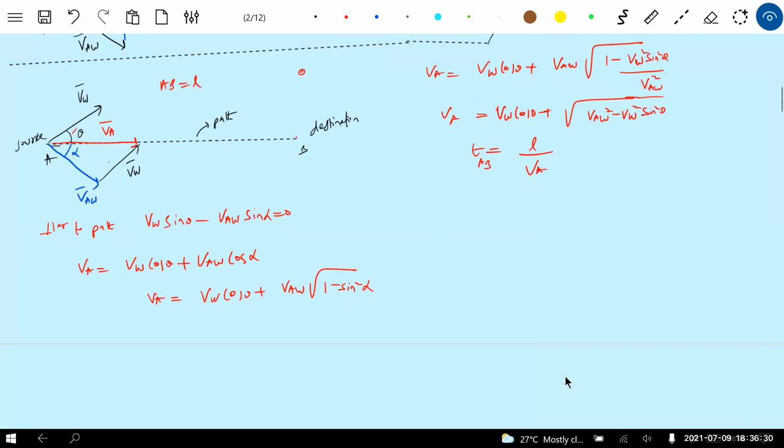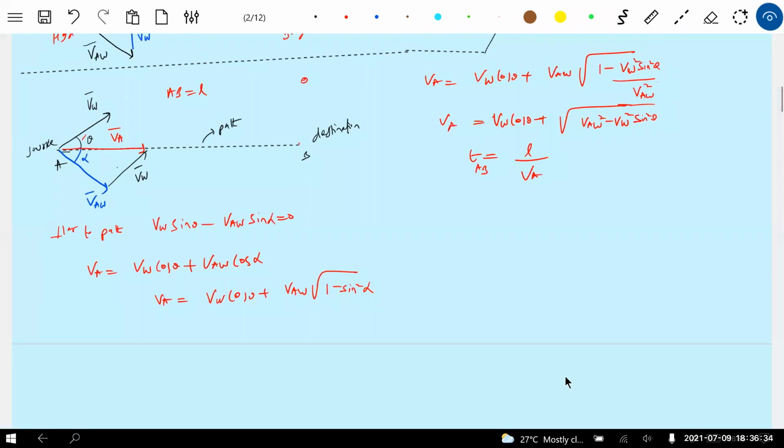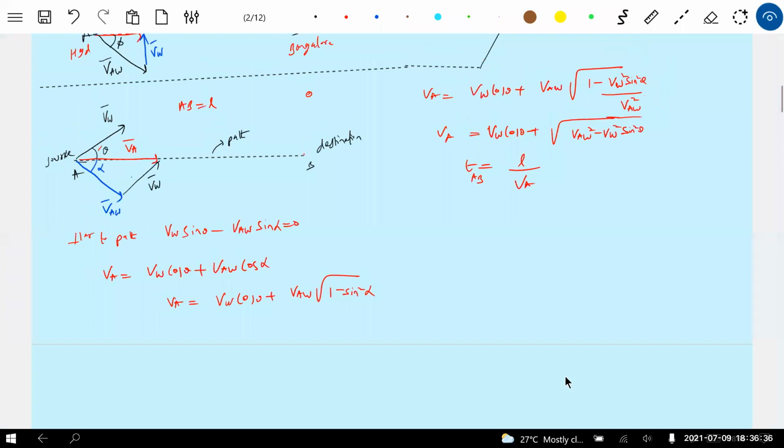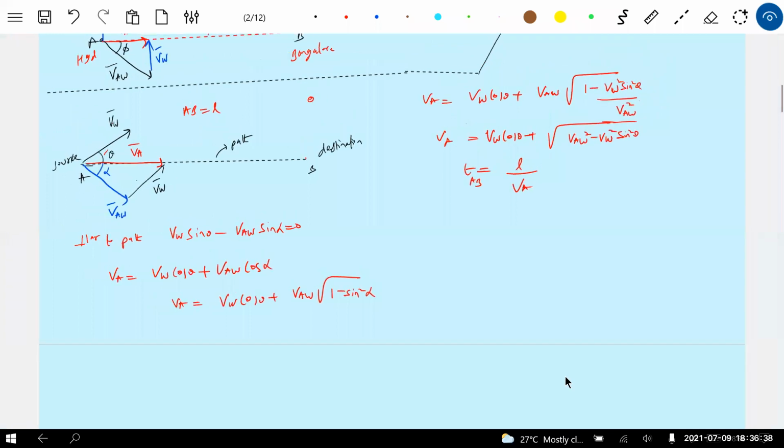Now in the above diagram, we'll make point B the source, keeping the direction of wind the same.